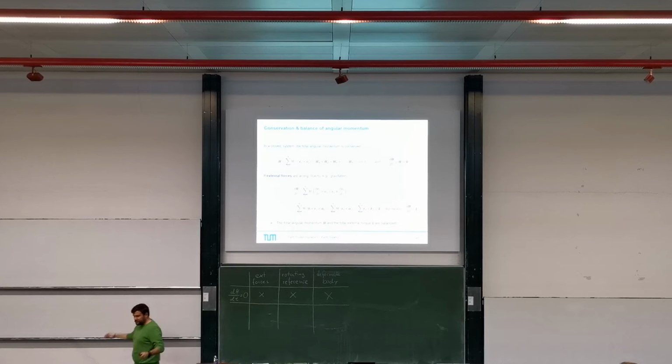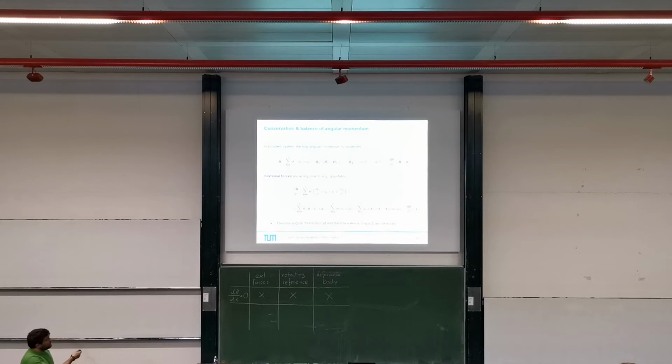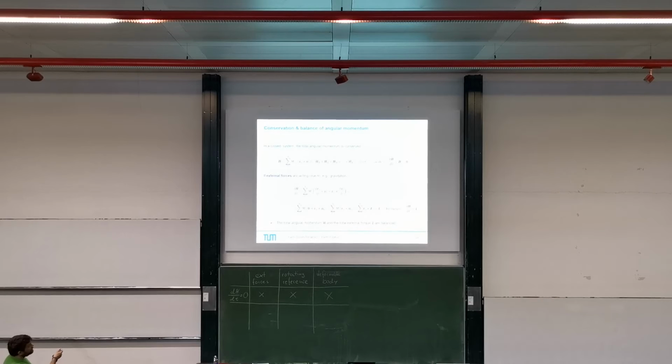So if we neglect all of these three effects, we end up with exactly this equation here. The total angular momentum is a conserved quantity, which means the sum of all the different individual angular momenta is constant.